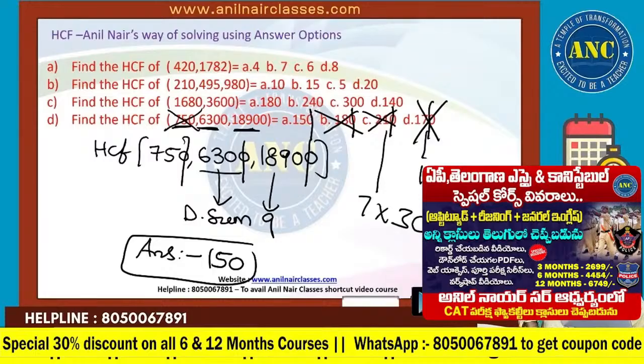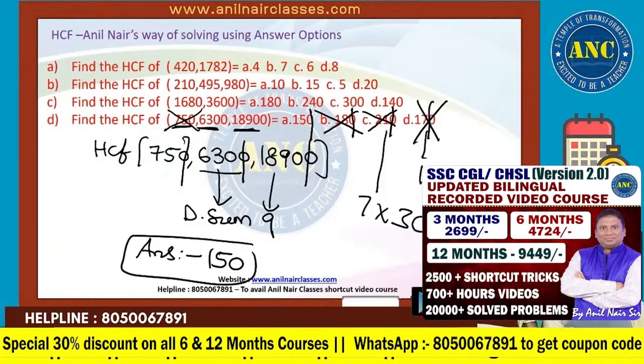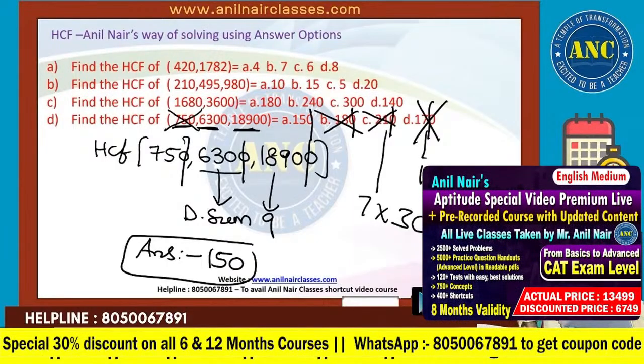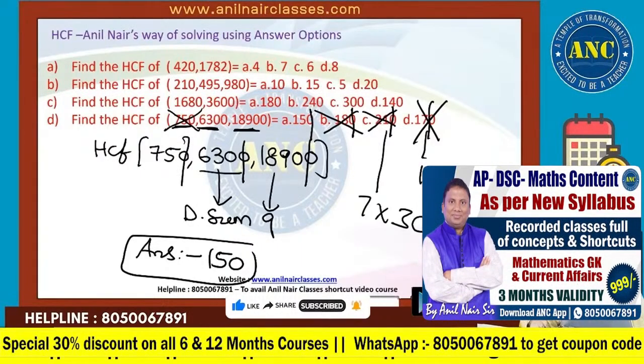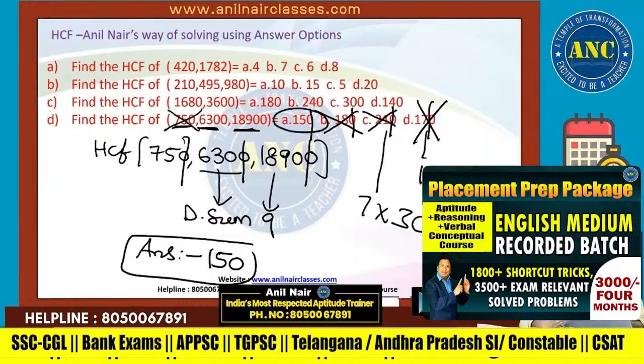If I look at option B, 180 digital sum is 9, 6,300 digital sum is 9, 18,900 digital sum is 9, but 750 digital sum is not 9. 180 is out. 170 is 17 into 10, and 750 or 75 is not a multiple of 17, so 170 is out. 210 is 7 into 30, and 750 is not divisible by 7. So the answer for this question is 150.